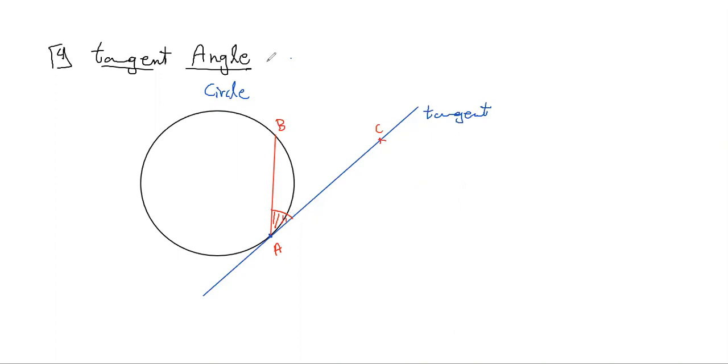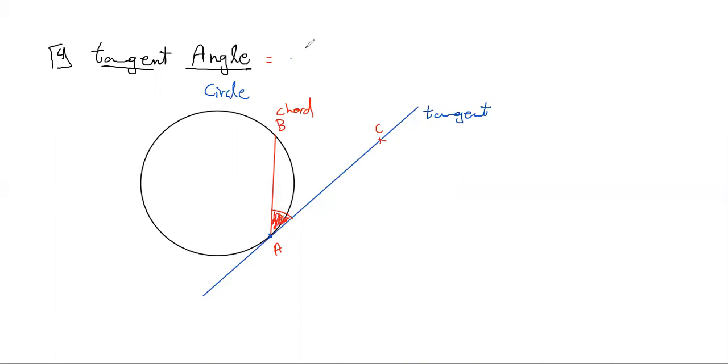The tangent angle is the angle between the tangent and the chord: the tangent outside the circle, the chord inside the circle. We call this a tangent angle.